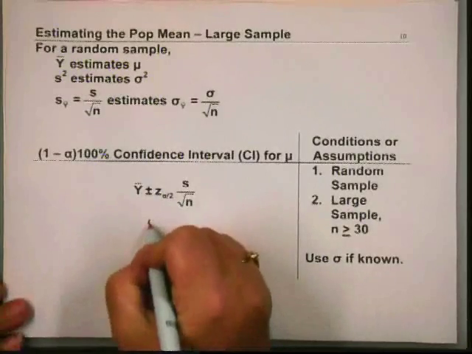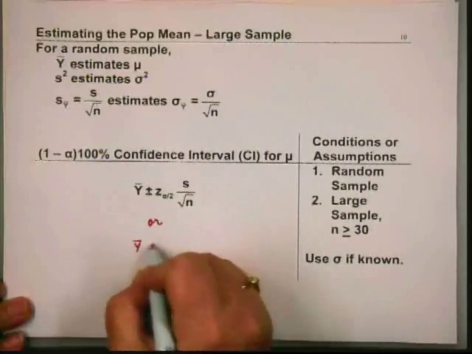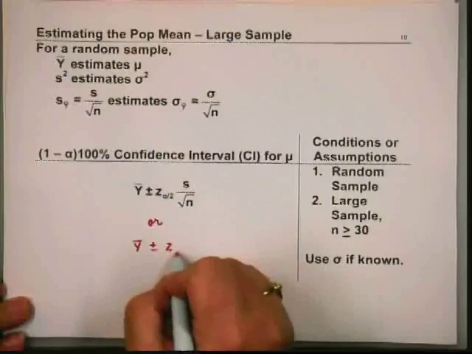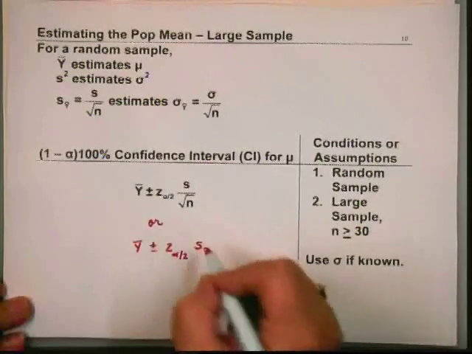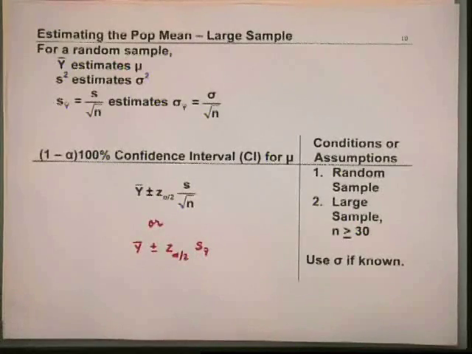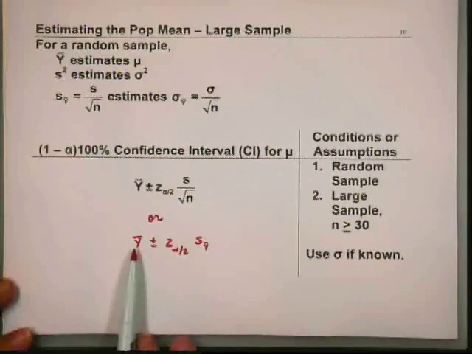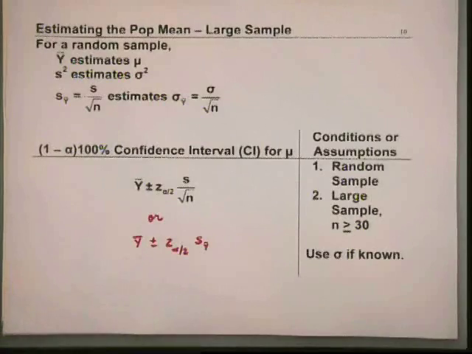We could also write this as y bar plus or minus z determined by alpha over 2 times the standard error s with subscript y bar. So we form an interval centered at y bar that says we go forward some distance, go backward some distance from this y bar, and we believe the true value of the population mean mu is in that interval.